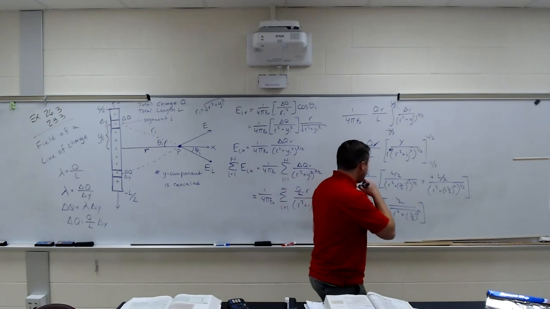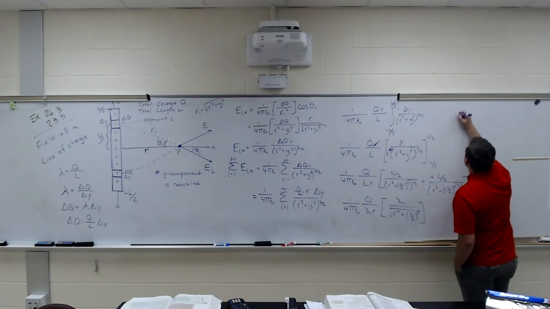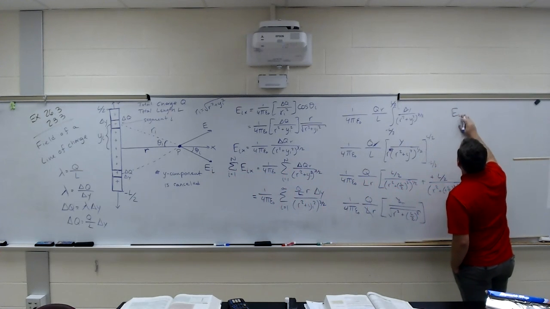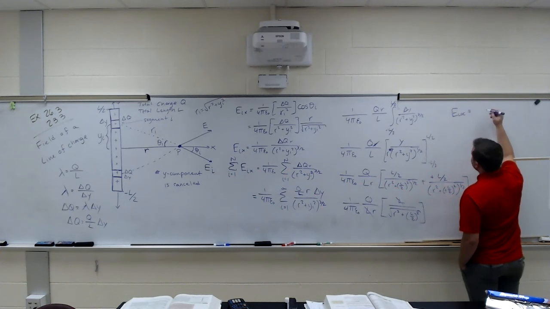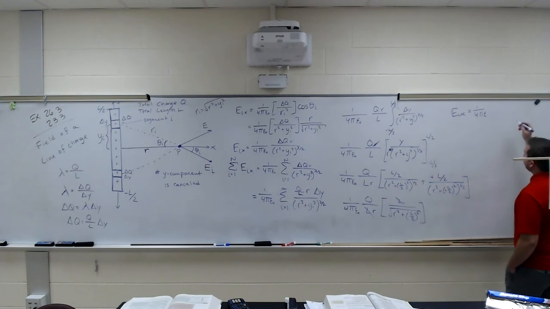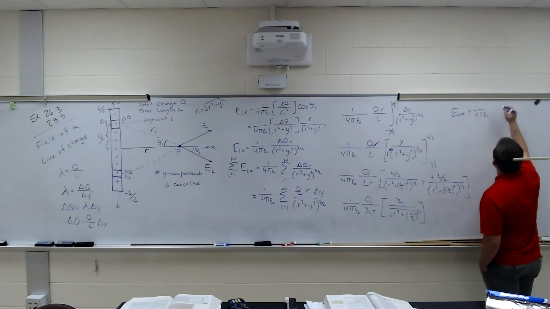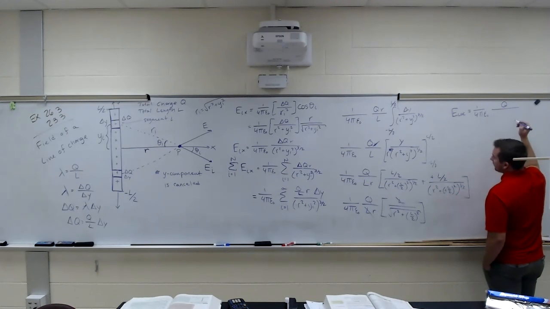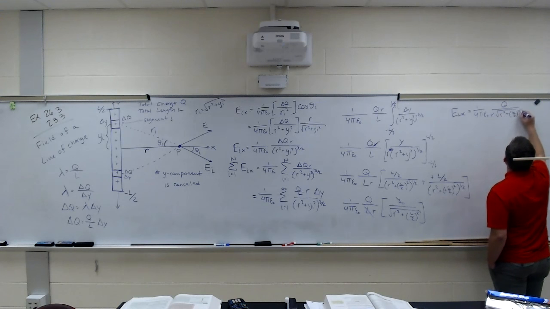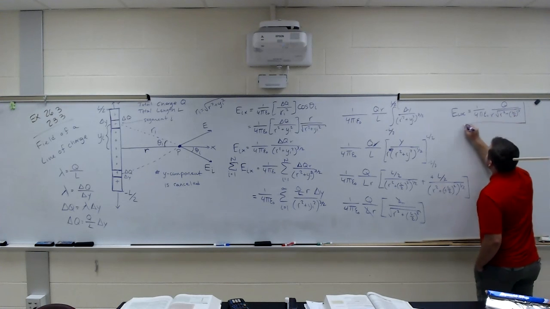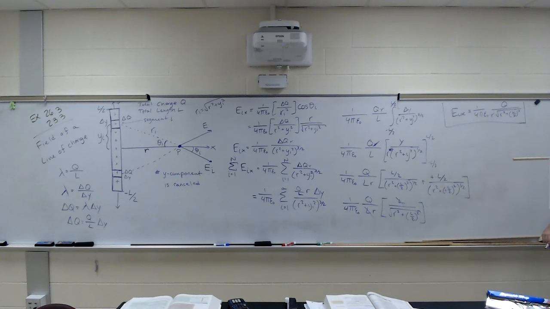And we end up with a final answer. The electric field from a line of charge, call it LOC, is equal to 1 over 4 pi epsilon naught Q over R square root R squared plus L over 2 squared. And that is our value for the electric field of a line of charge.